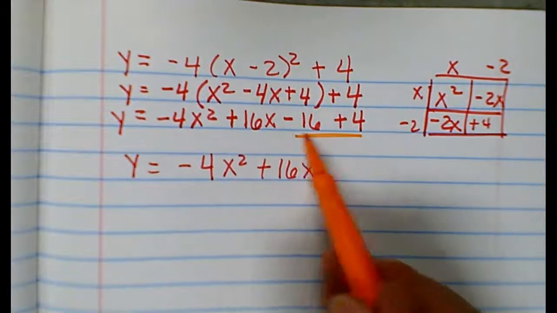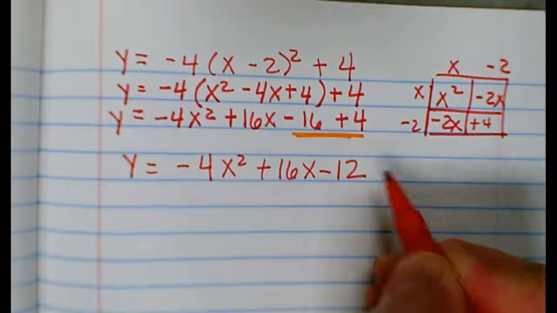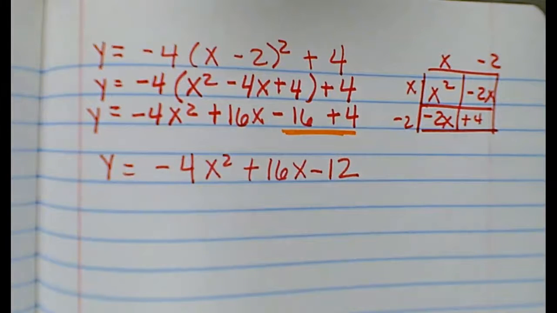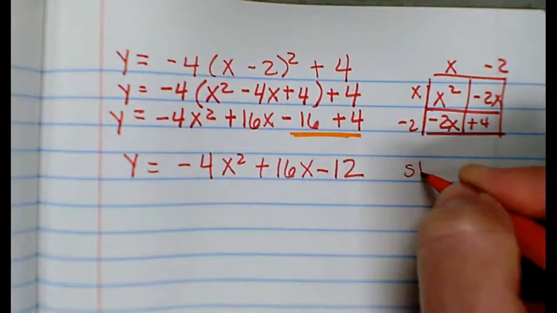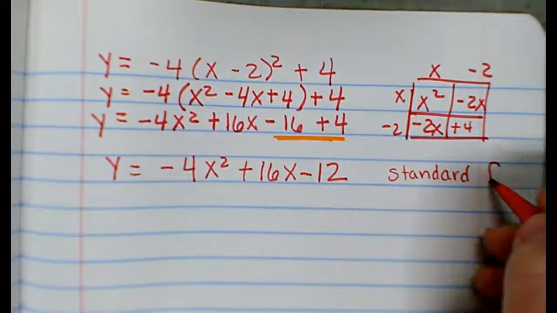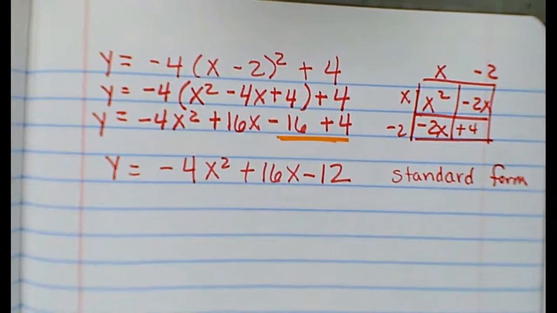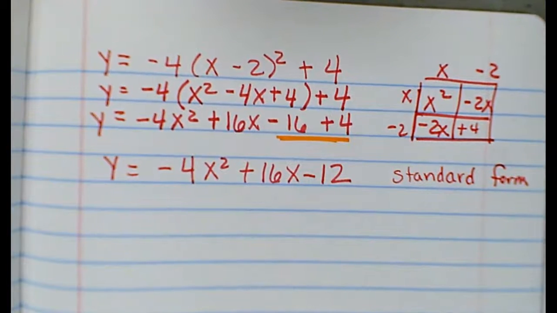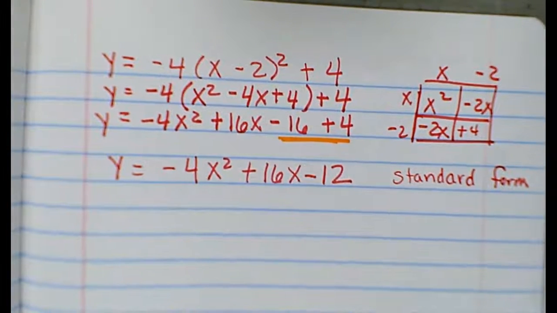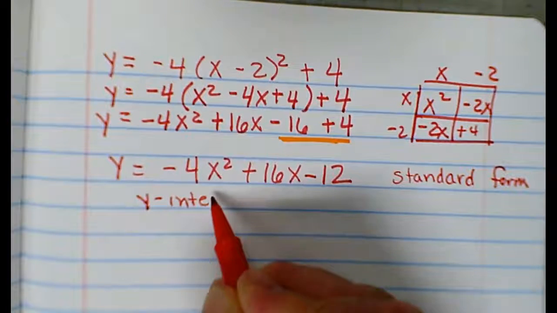And then I need to combine these like terms. And this is standard form. From standard form, it's easier to get the y-intercepts and the x-intercepts. So, do we know the y-intercept?